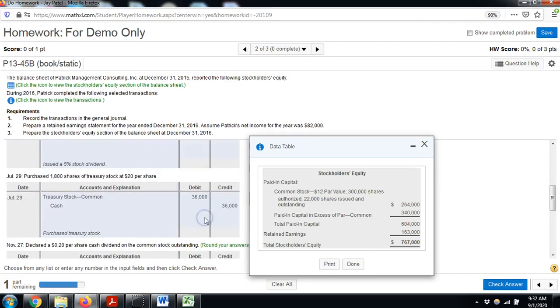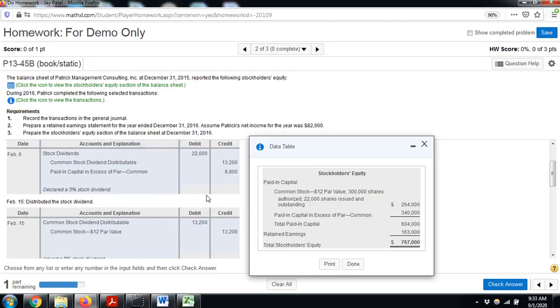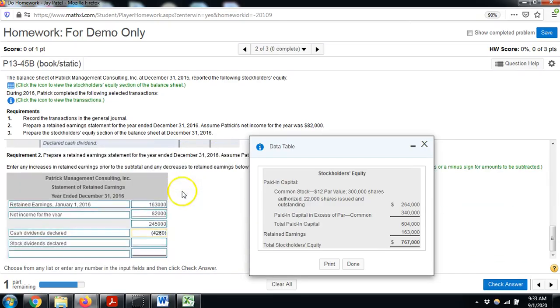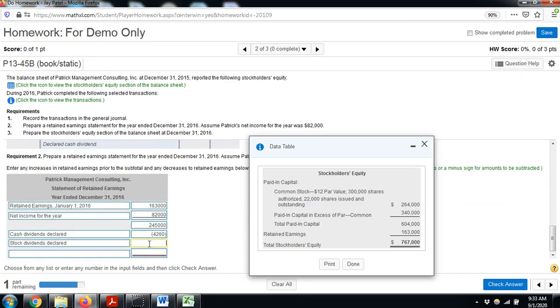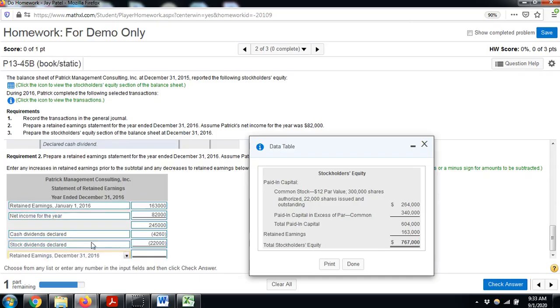And then the stock dividend was 22,000. And so our ending balance is going to be this minus these two.